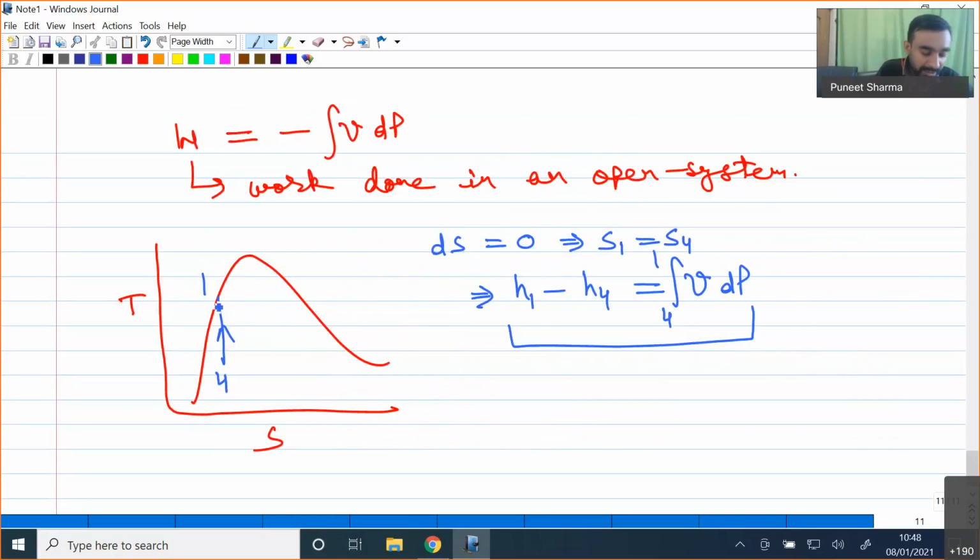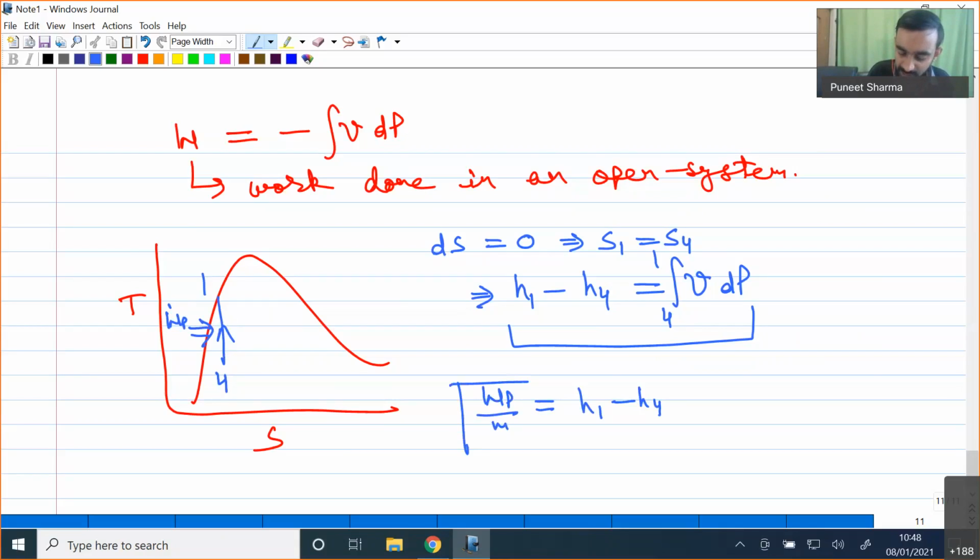Now you know that in this reversible process we are adding a certain amount of pump work. If you apply the steady flow energy equation, SFEE, from our earlier knowledge, you will find that this pump work per unit mass is equal to H1 minus H4.